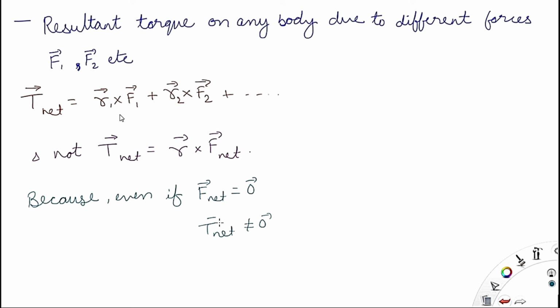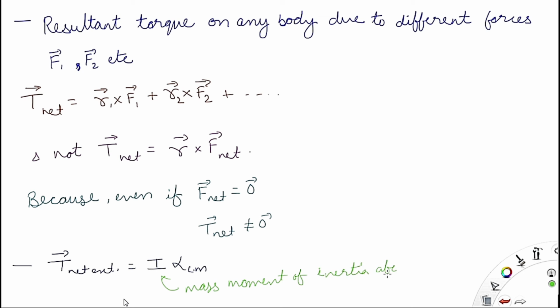So R1 cross product F1 plus R2 cross product F2, and so on, and not R into net force, because even though the net force, that is the resultant force acting on the particle, is 0, the net torque acting on the particle is not equal to 0. This happens.